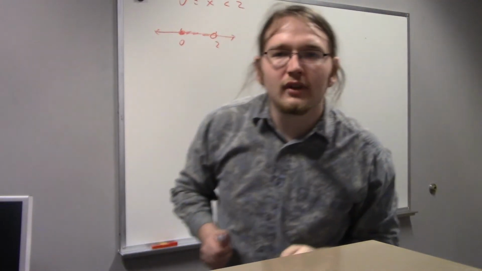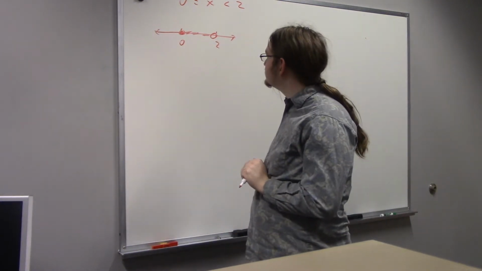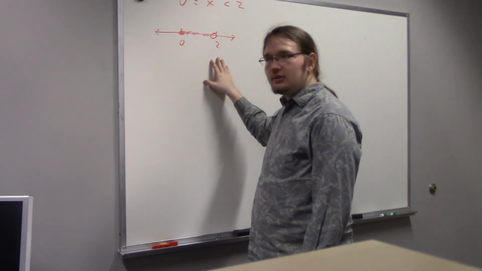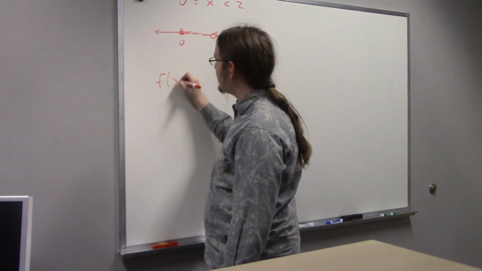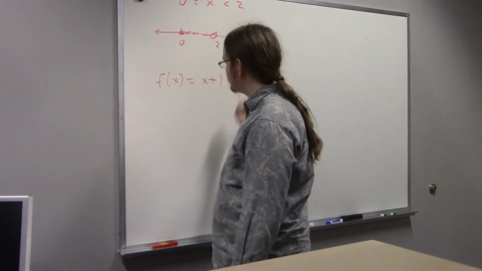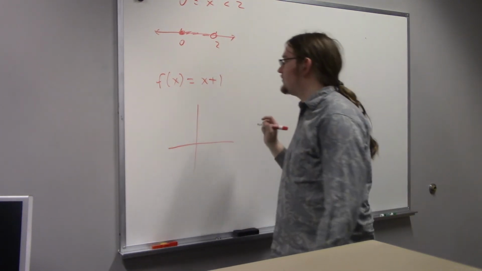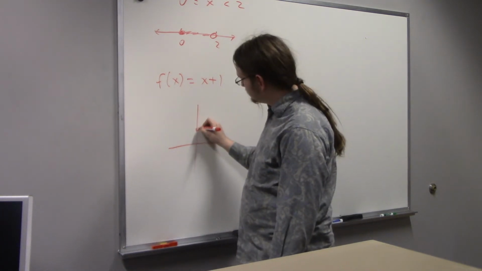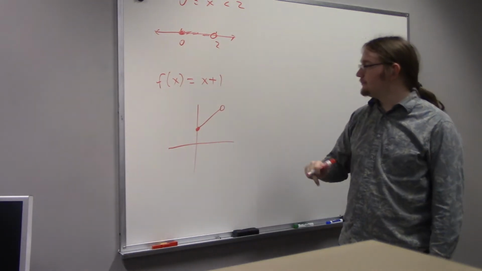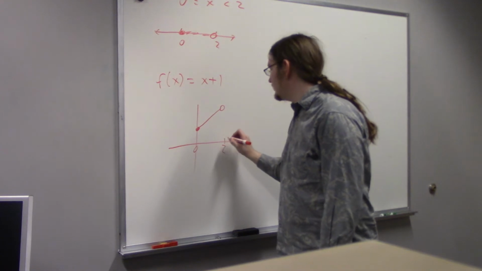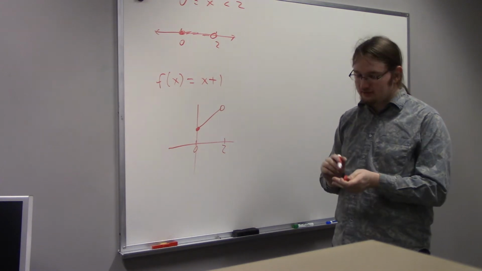So now, from this material, for instance, if you have f of x is equal to x plus 1, then we should be able to graph our function in this way, where starting at 0 and ending at 2, we're able to graph just that part of the function.